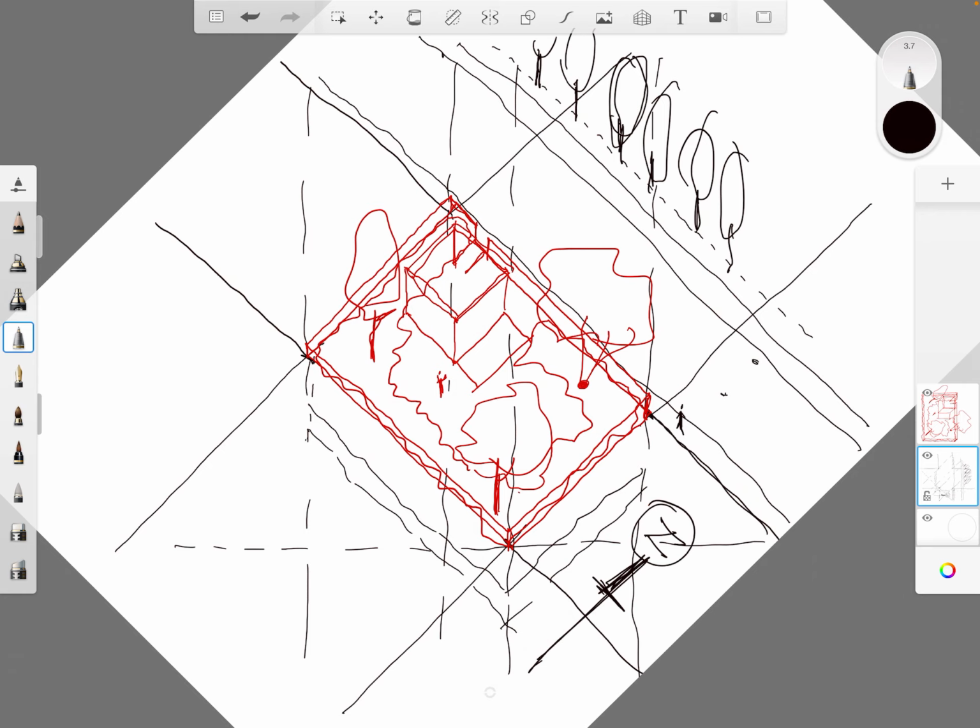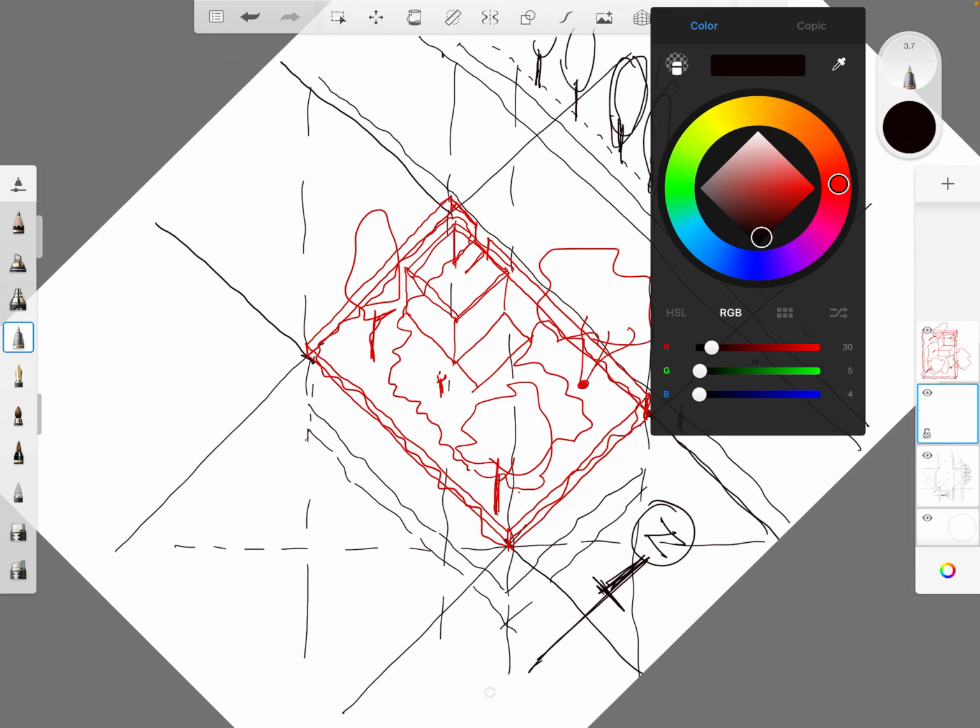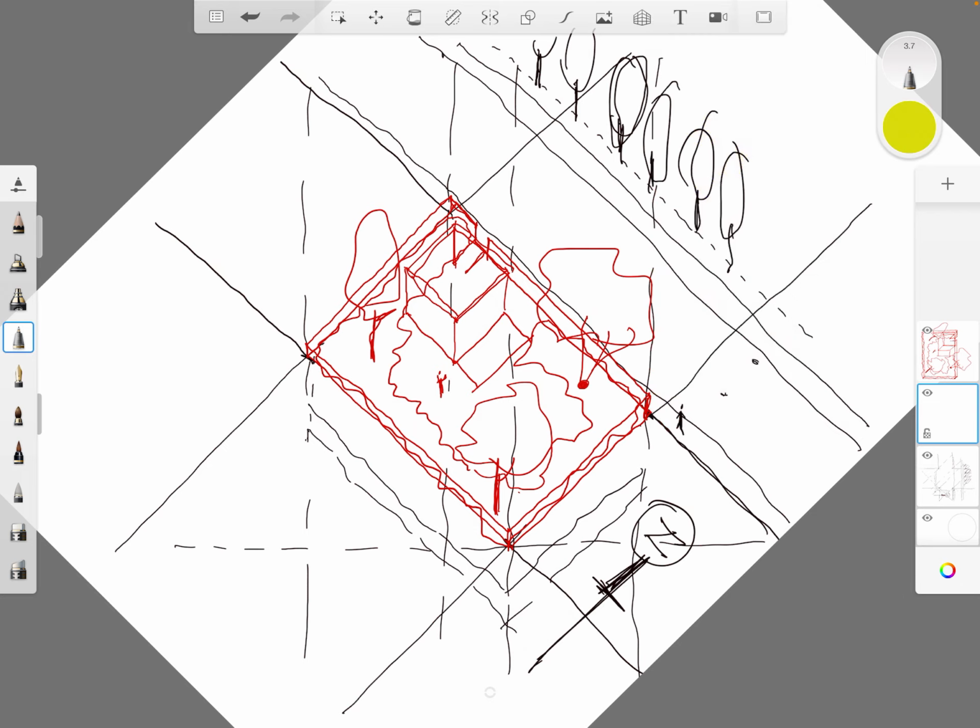Then that means that the sun, for example, and this is we're going to do a third layer, and I make it yellow. Beautiful yellow. We give it a nice yellow. And there's the sun. And the sun goes from the west to the east, southwards. So you can draw the sun in here.